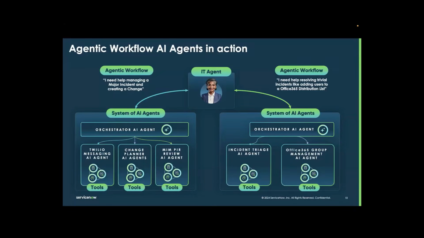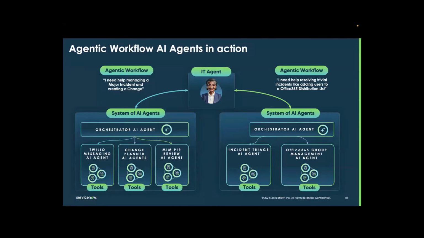They just trigger the workflow and the system takes care of it. The orchestrator is nothing but the component that plans and triggers the AI agents when and where required to finish that task and bring the outcome. Now here, let's say for the first use case, I need help managing a major incident and creating a change.